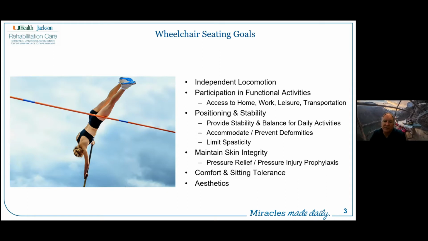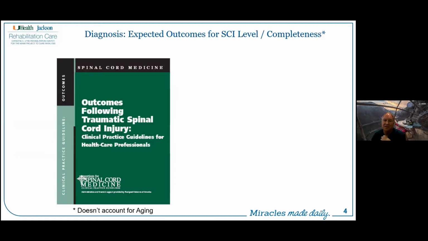So a big part of what we're looking at, particularly with higher levels of injury, but as well those with paraplegia, is how to provide appropriate pressure relief and pressure injury prophylaxis. Comfort and seating tolerance are going to be important pieces of this. And then how does it look, this piece of equipment that we're about to spend, in some cases, up to $55,000, $60,000 for.